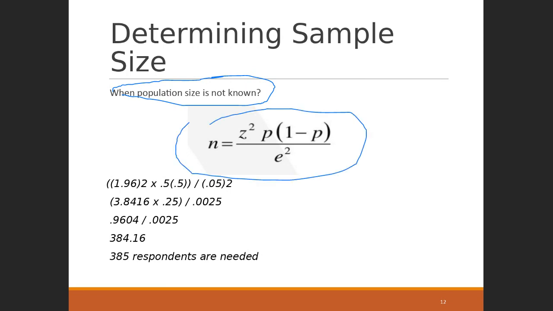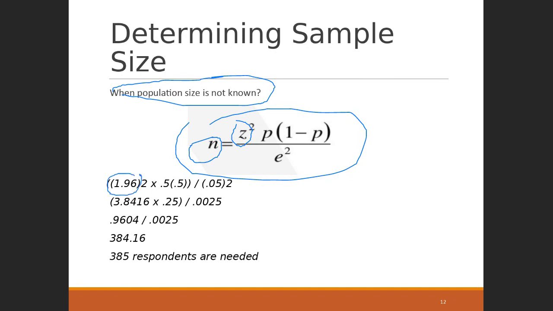For instance, n stands for your sample size. Z stands for your confidence interval. Z score is your confidence interval score when you're using Z distribution. I hope you have read about T distribution and Z distribution in your business statistics course. Usually at 95% confidence interval, the Z value is 1.96.